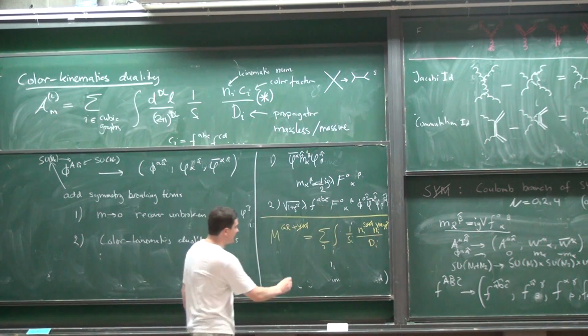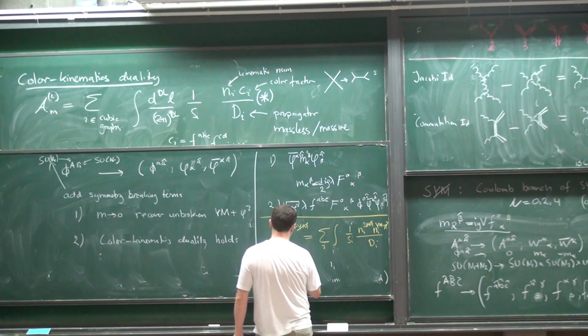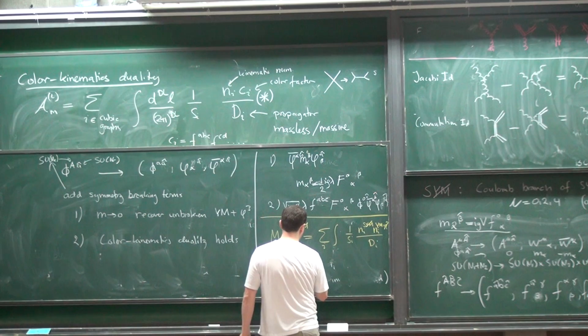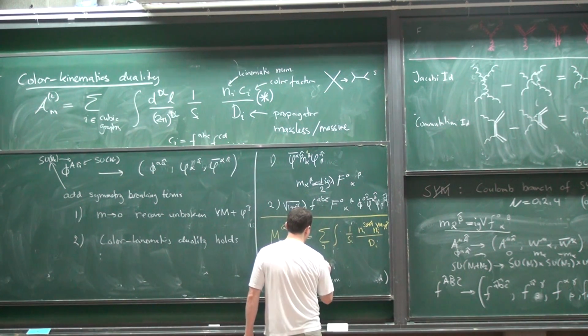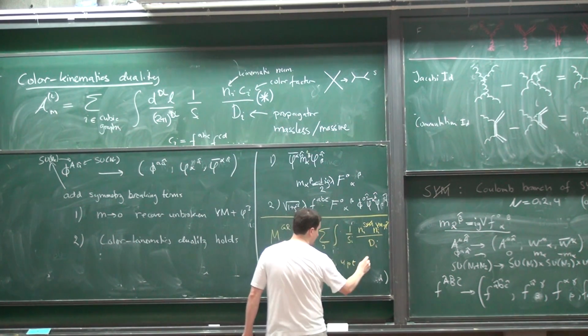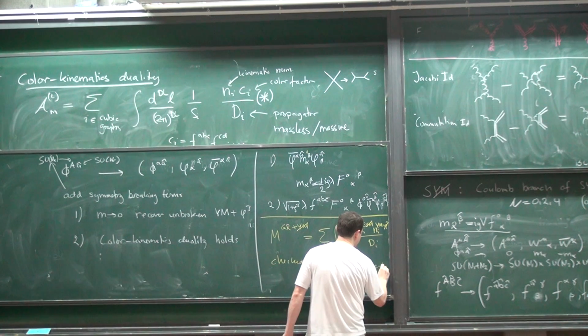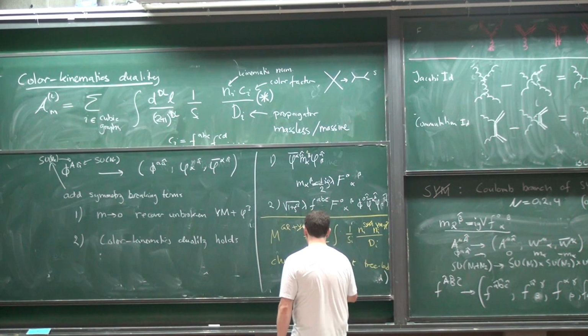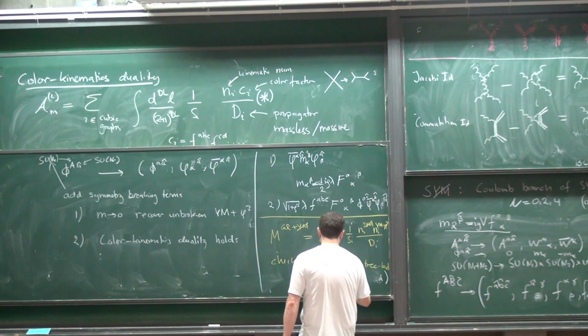And that's it. So we checked this, maybe not so impressively, at 3 points and 4 points at tree level, and then at one loop, 4 points.